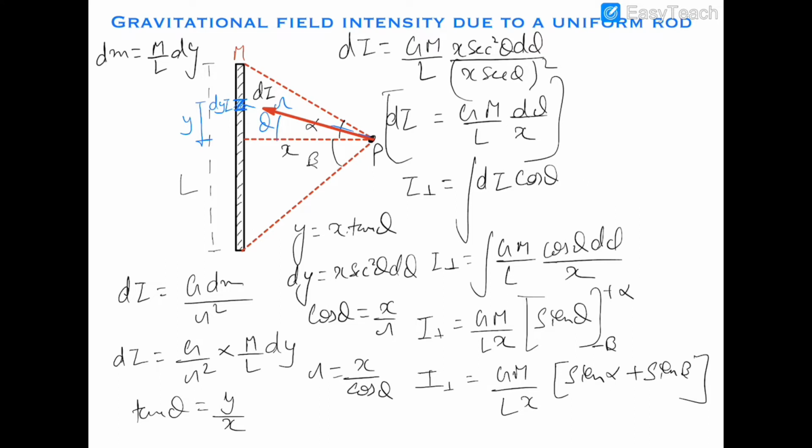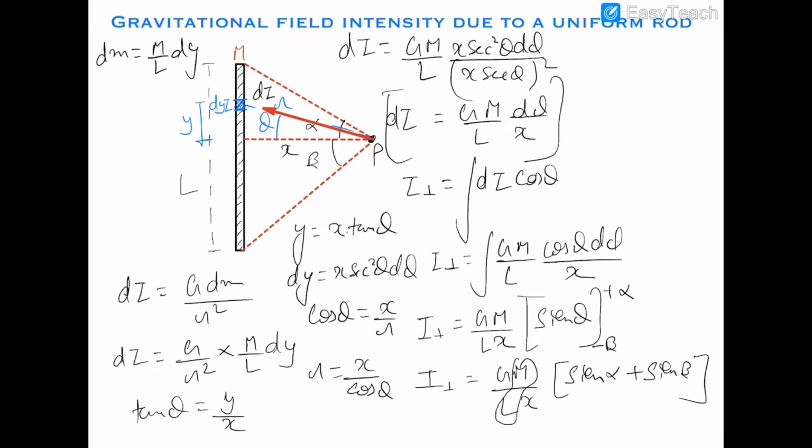So this is the gravitational field intensity due to the rod. You can also say that M by L is lambda, mass per unit length. So I perpendicular is equal to G lambda by x into sine alpha plus sine beta.